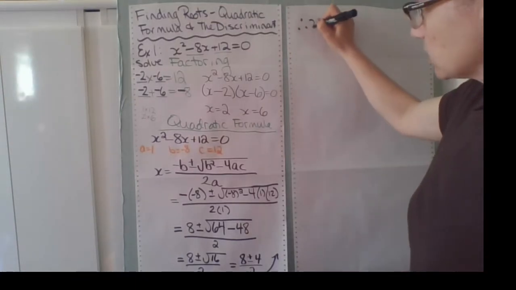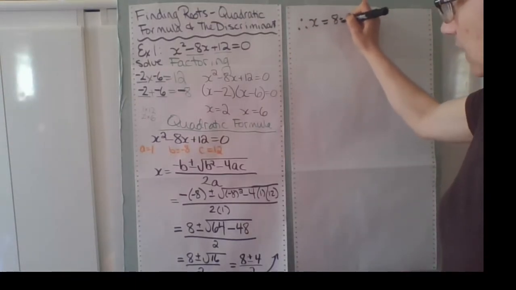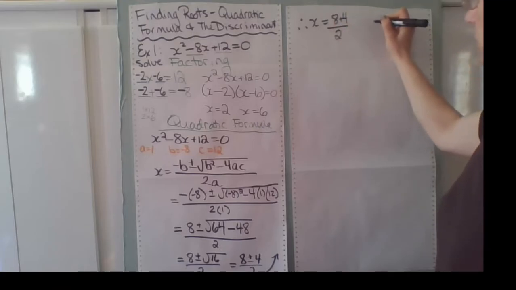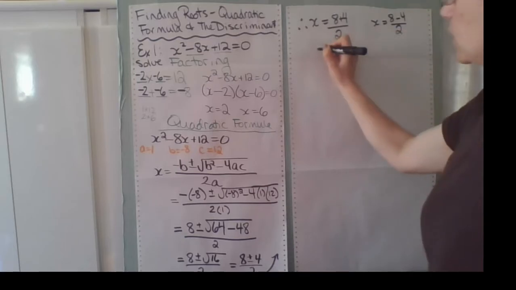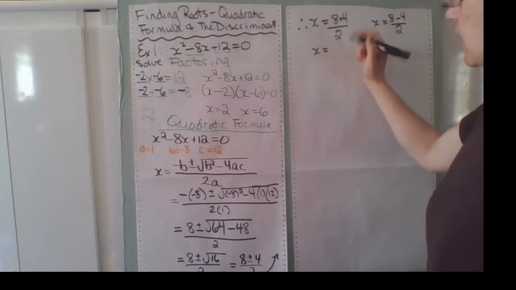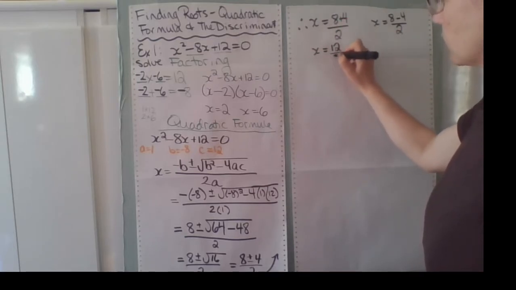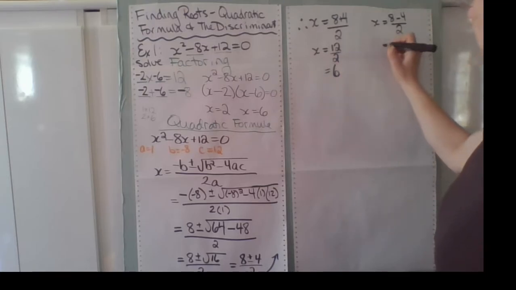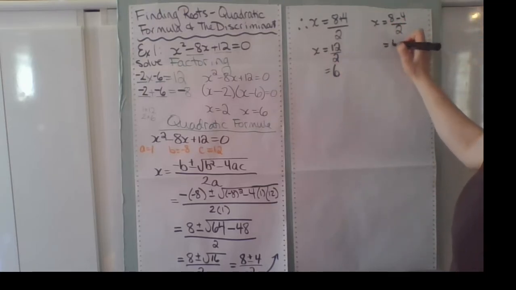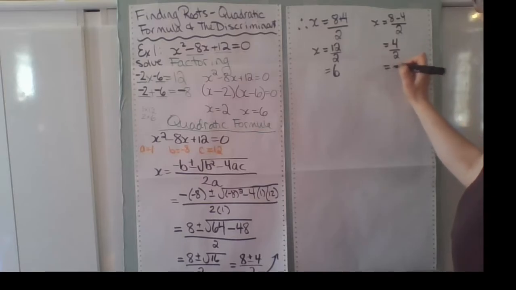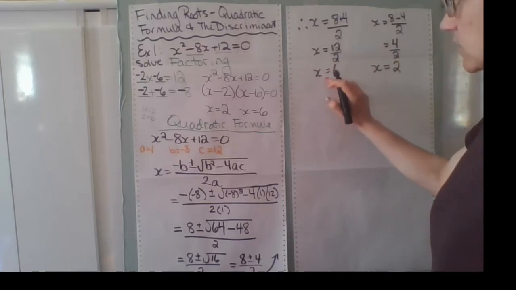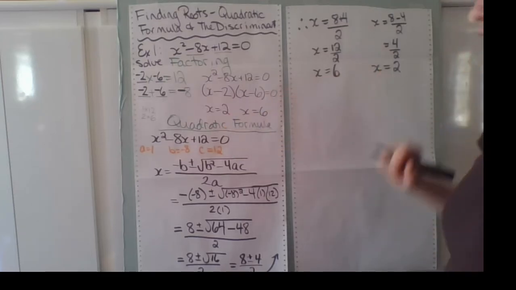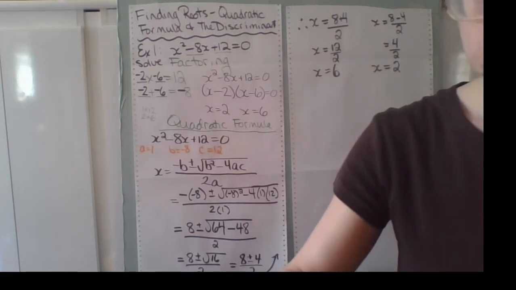So we've got two answers. x will be 8 plus 4 over 2, and x is going to be 8 minus 4 over 2. 8 plus 4 gives me 12 divided by 2, which is 6. And 8 minus 4 gives me 4 over 2, which gives me 2. So there's my answers: x equals 6 and x equals 2. So it works. That's good.